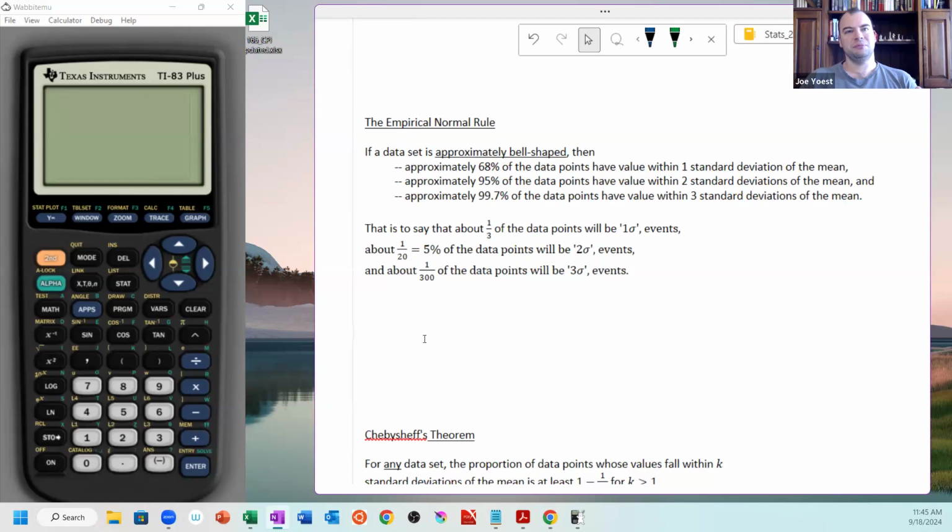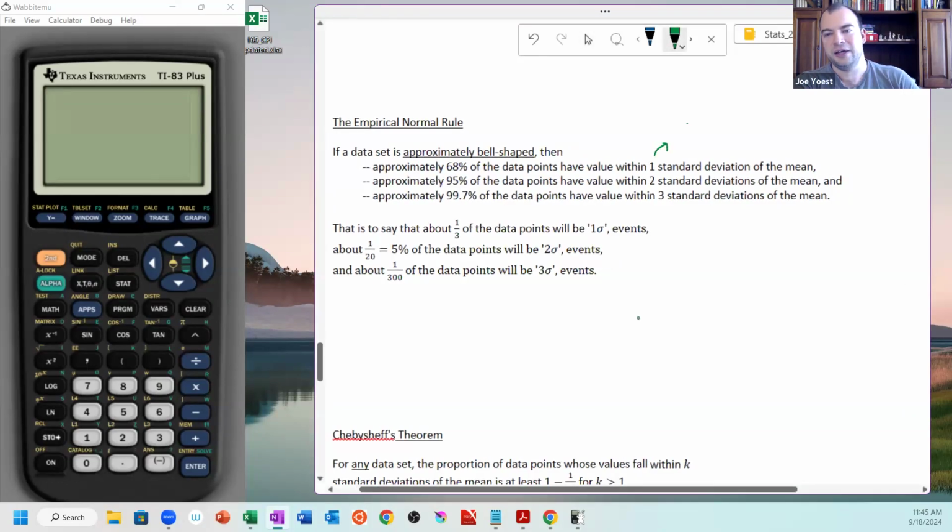Take the data set, put it into a frequency distribution, maybe a group frequency distribution if you need, get a histogram for it, and does it have a peak, tail off to the sides, roughly symmetric about the peak? If the data set's approximately bell-shaped, then we can say that about 68% of the data points have a value within one standard deviation of the mean.